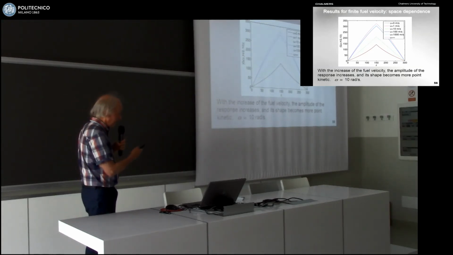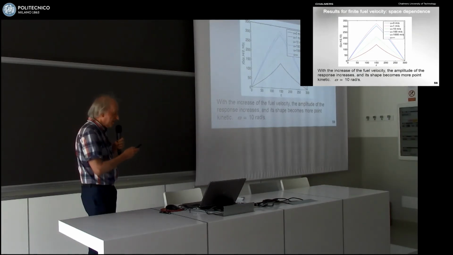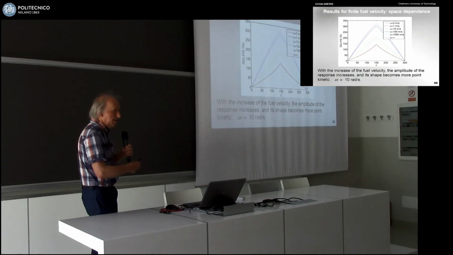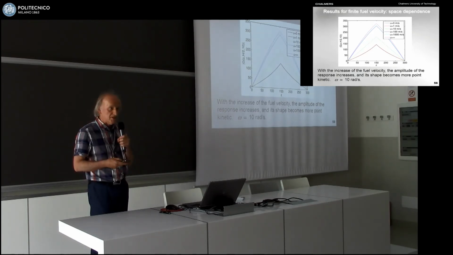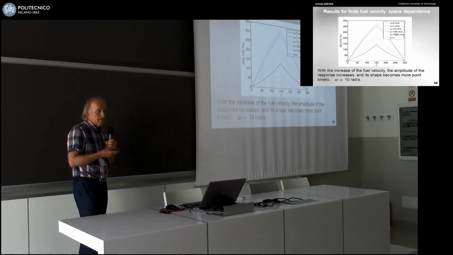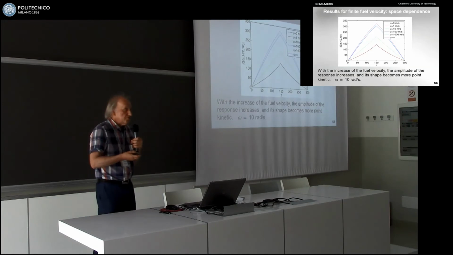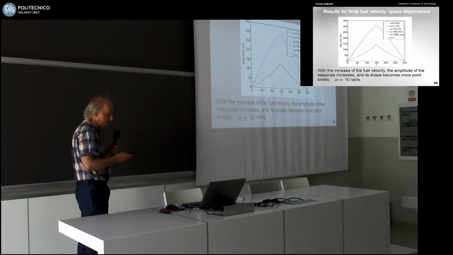That's the traditional thing. It's already quite deviating from point kinetics. Now we start increasing the velocity, then it becomes more point kinetic, because the uppermost one is the highest velocity. And of course the amplitude also increases because the effective delayed neutron fraction decreases with the velocity. That is, we lose neutrons.